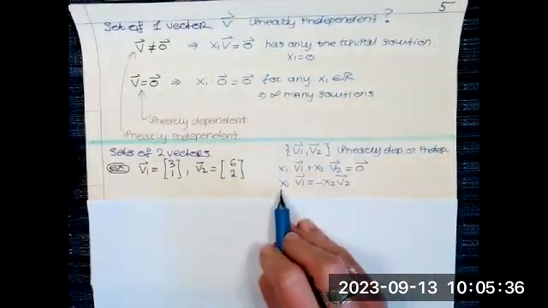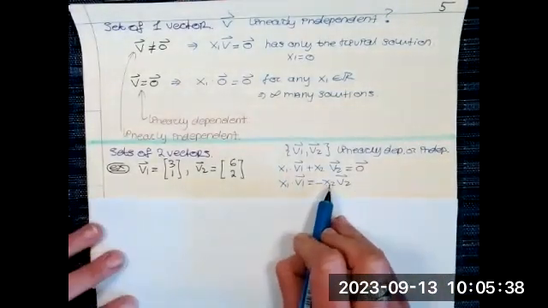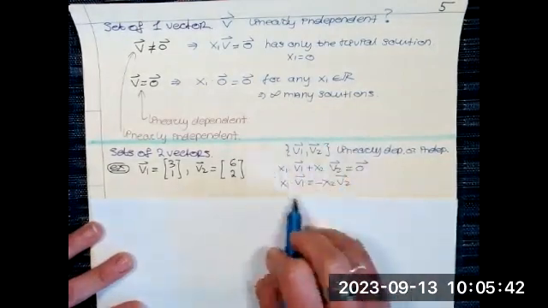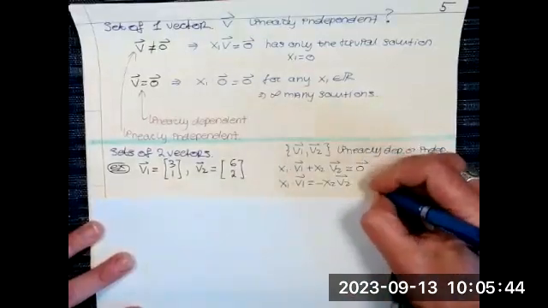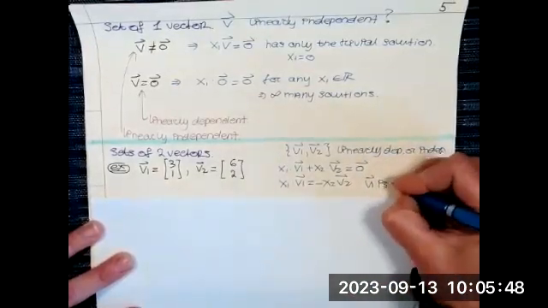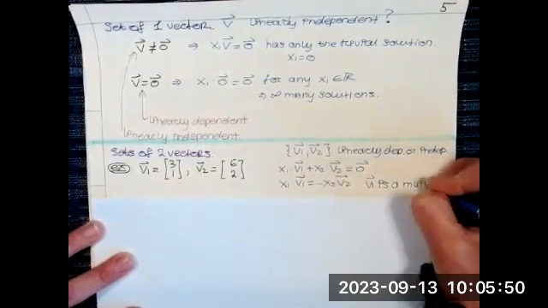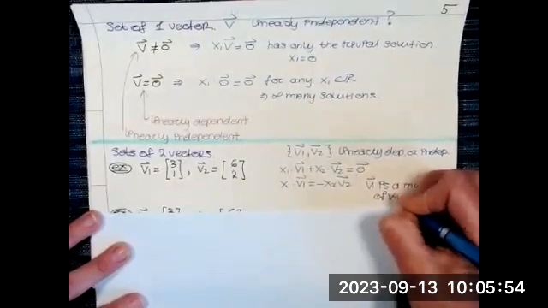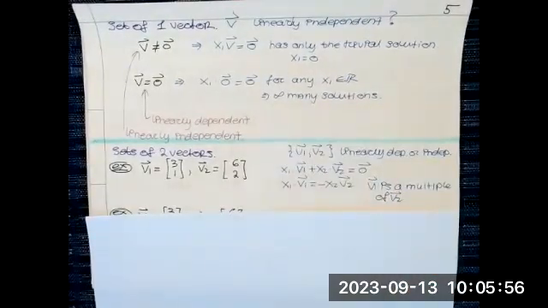So if x1 is not 0, I can divide by x1. If x2 is not 0, I can divide by x2. But really, this linear dependence relationship just tells me that v1 is some multiple of v2 if they're linearly dependent.